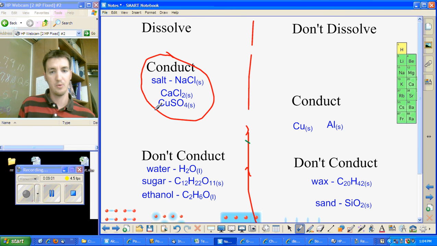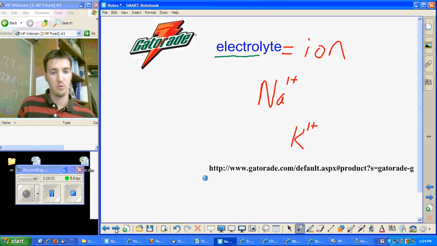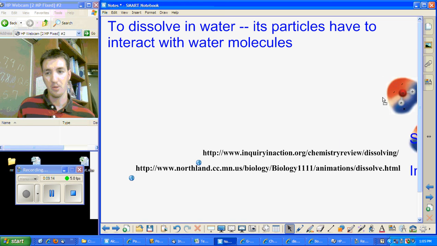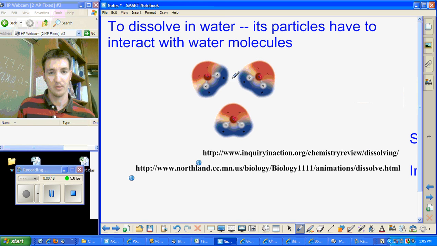So why do these things work out the way they do? We need to know a little bit about conducting and dissolving first. To dissolve in water, particles have to interact with the water molecules. Water molecules are like little magnets. You have the positive end, you have a negative end. Some things don't care about the positive or negative. Some things do.